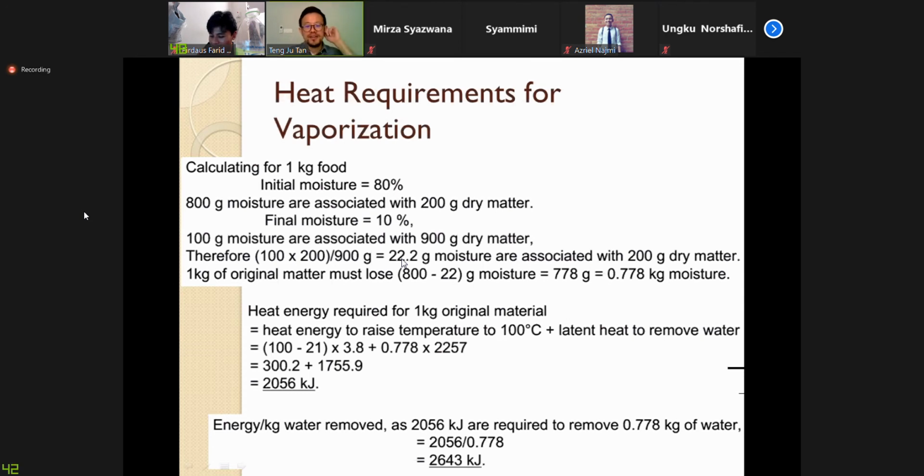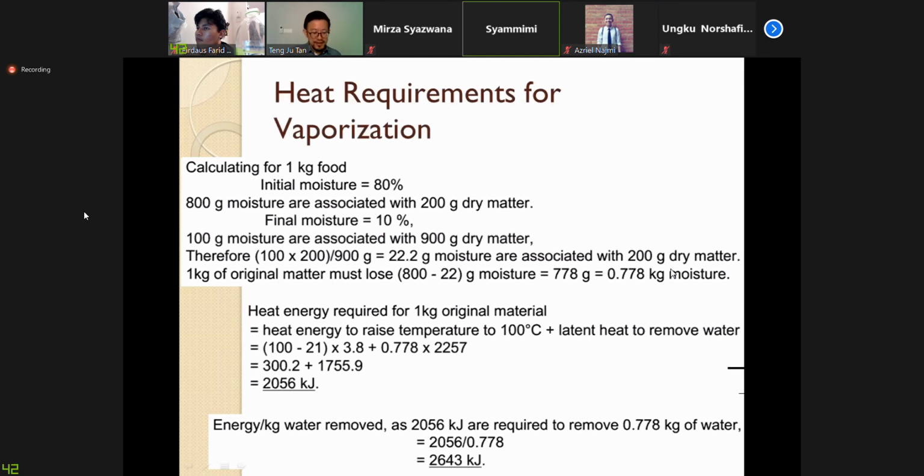So the final product will have 200 grams of dry matter plus 22.2 grams of water. So the moisture content of the final product will be 22.2 divided by the sum of the dry matter and water, which is 222.2, times 100%. So it's 10%.